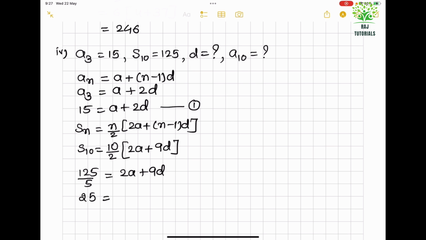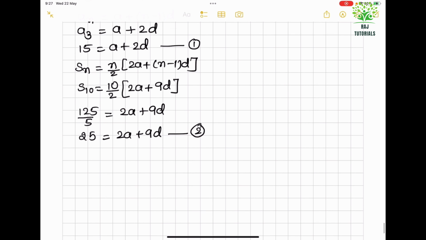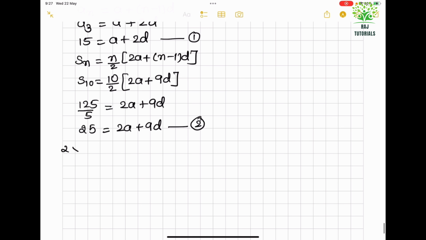25 equal to 2A plus 9D. This is my second equation. If I multiply equation 1 by 2, so 2 multiplied by 1 implies 30 equal to 2A plus 4D, and second one multiplied by 1 implies 25 equal to 2A plus 9D.